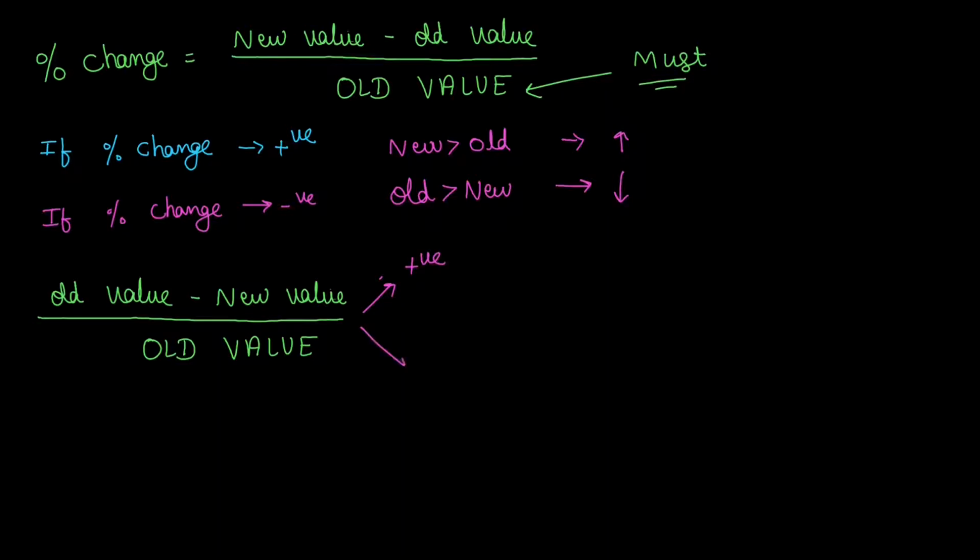In this case, if the percentage change is positive, that means old is greater than new, the previous value was higher and it has reduced. In case of negative, the new value is greater than old, which means it has increased. See, there is a difference in these two equations.